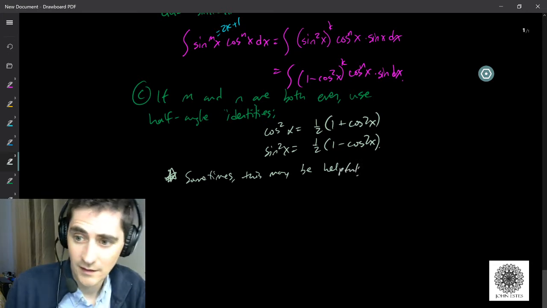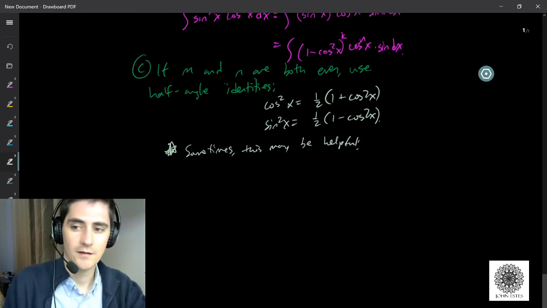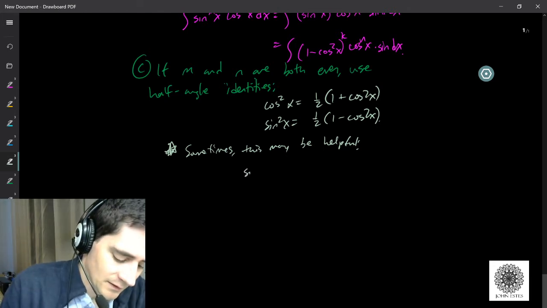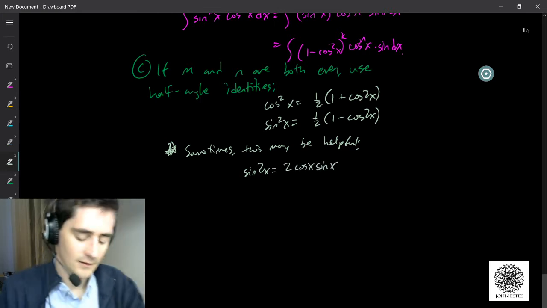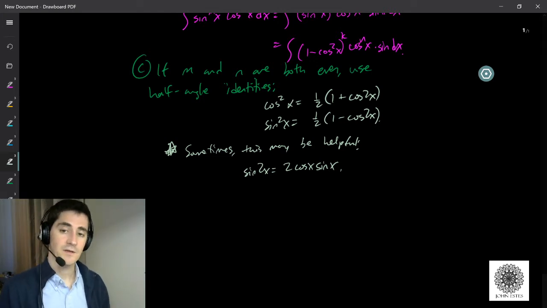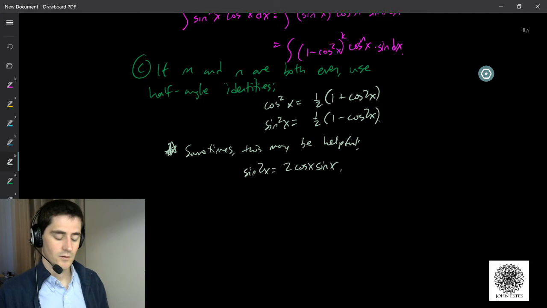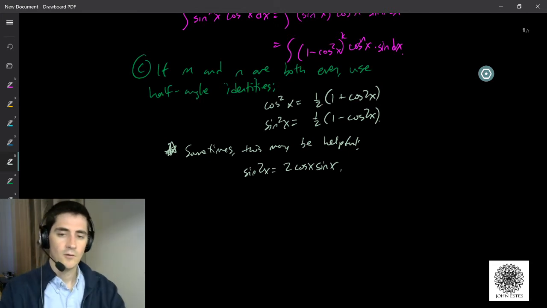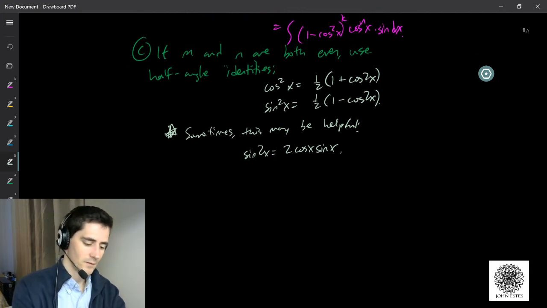We're getting this idea from the double angle identity for sine: sine 2x equals 2 cosine x sine x. That may be helpful every once in a while. If we're trying to integrate cosine x sine x, you could use a u substitution, or you could say that's 1/2 sine 2x, and then use the u substitution. So every once in a while that may be a helpful tool to have.